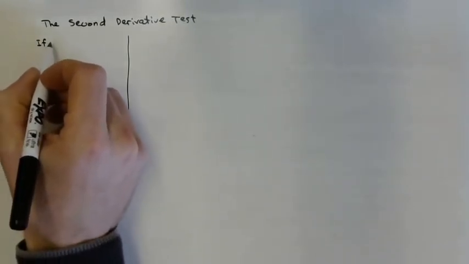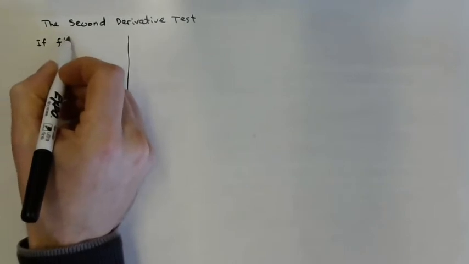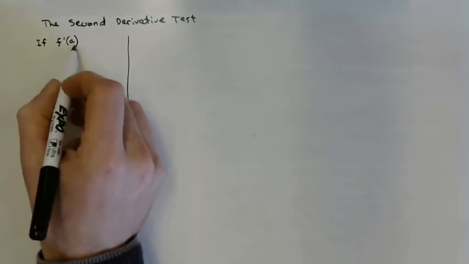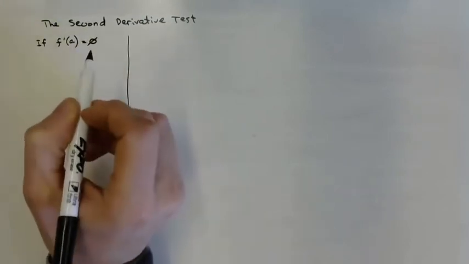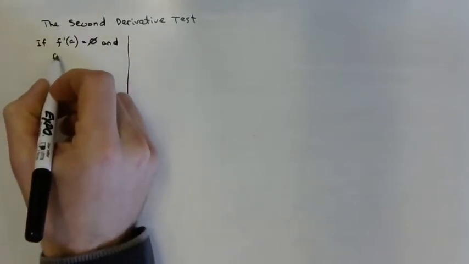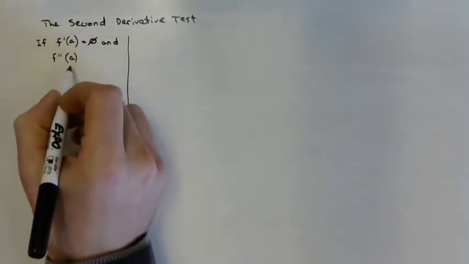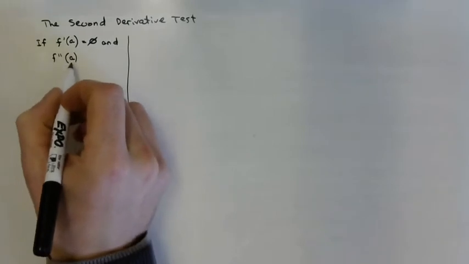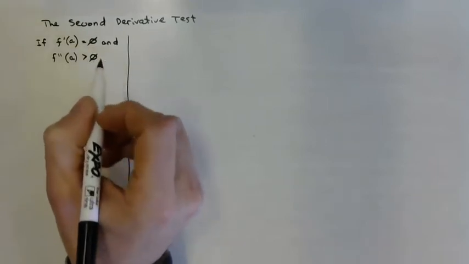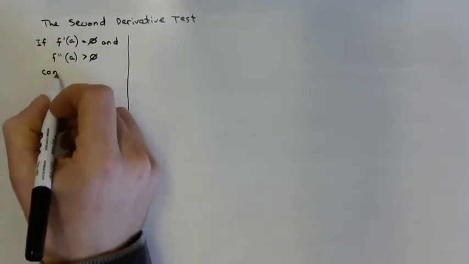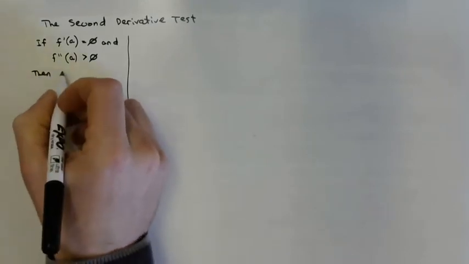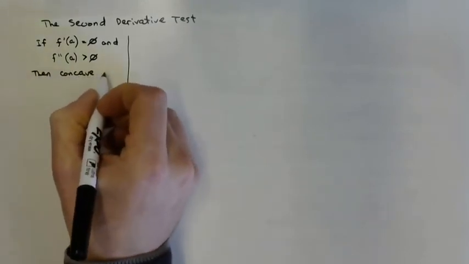First one says if f prime of a, so if the value of the derivative function at a equals 0, and f double prime of a, so the value of the second derivative function at a is greater than 0, then we have concave up.